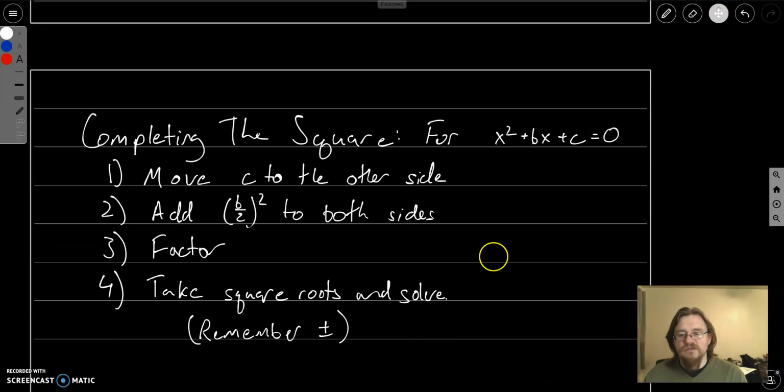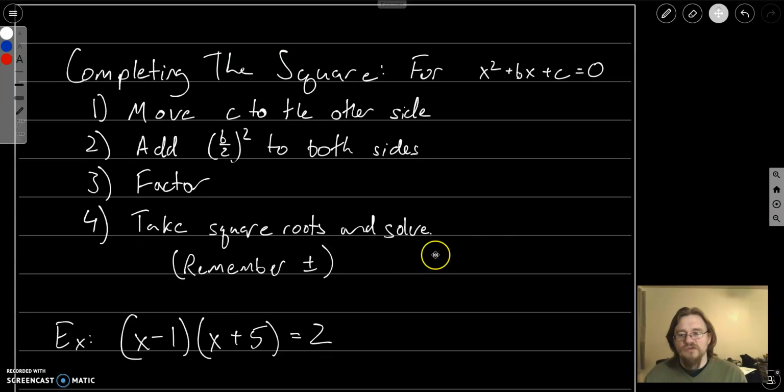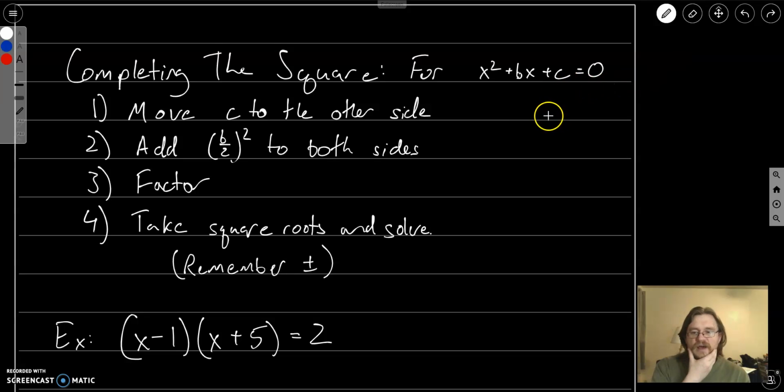We'll go through an example in a second, but first the method. Typically we'd have an ax squared plus bx plus c, but I'll just assume that this first number out here is just a 1 for the moment, and then let's look at how we complete the square. There's just a few steps.